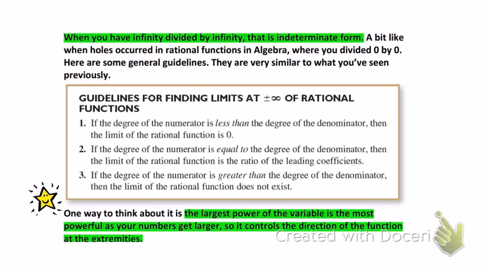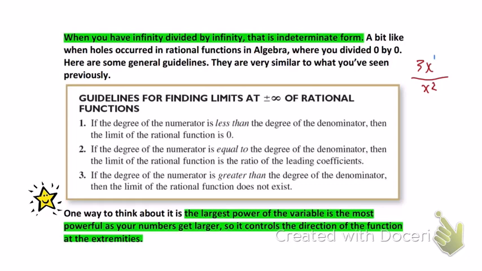So if I had something like 3x divided by x squared, the degree of this top up here is 1. So I would have a horizontal asymptote, in other words, a limit of the x-axis for that function. Number 2, if the degree of the numerator is equal to the degree of the denominator, then the limit is just the ratio of the coefficients.